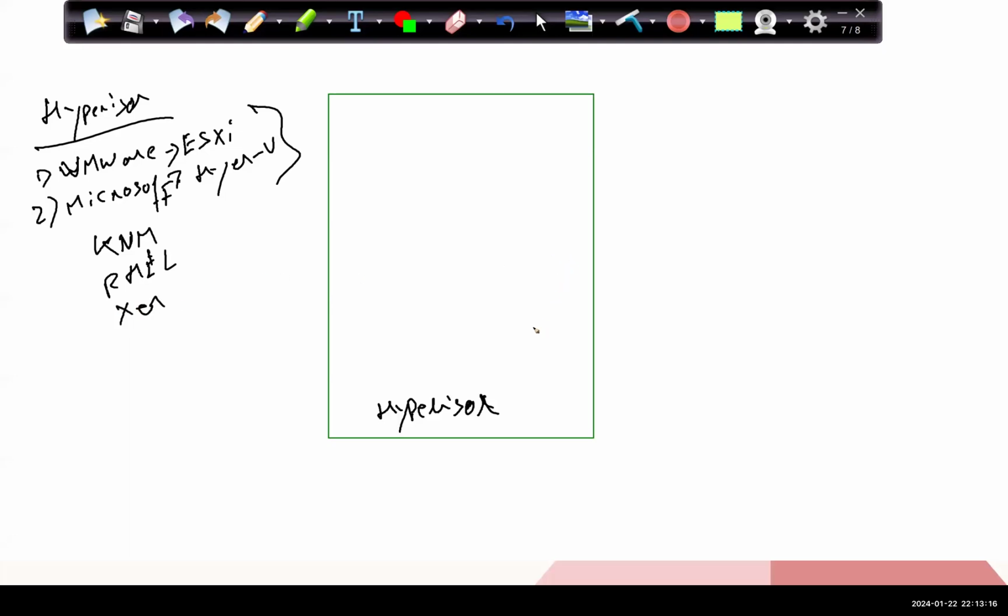But all I'm telling you is the foundation is the same for all of these. I will install this hypervisor on brand new hardware. My hardware has a CPU, RAM, hard disk, and NIC card. I've installed it.